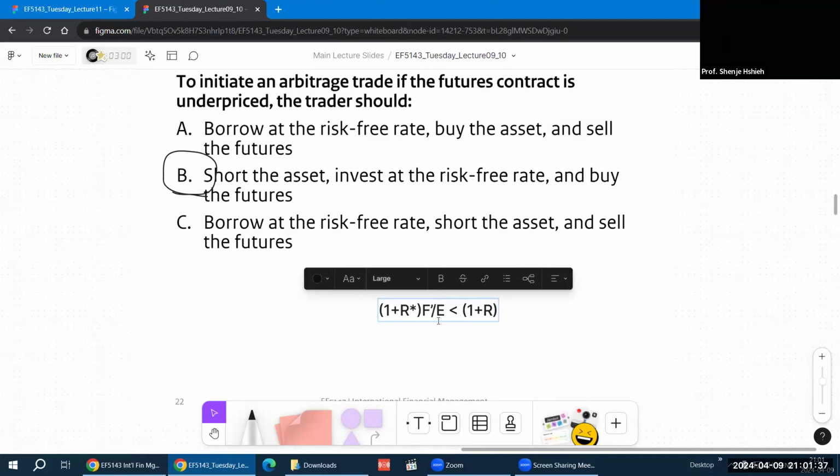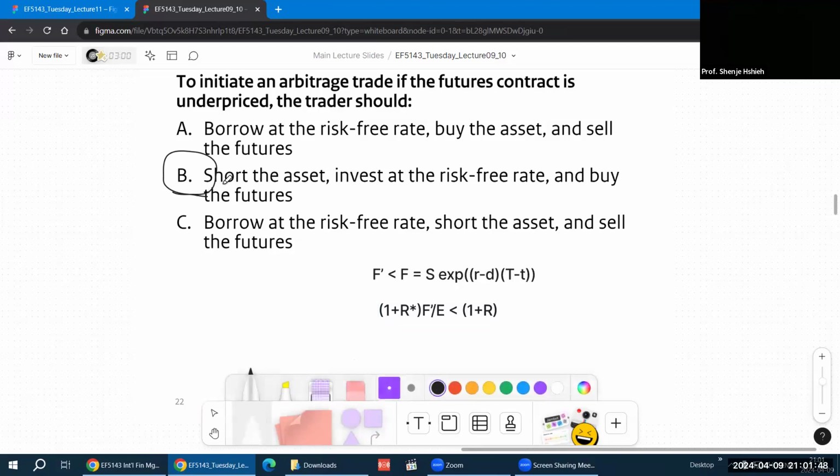That means I borrow R star, so I short the asset, and I invest in the risk-free rate, which is this thing. So B is the answer. Or you can use the cost of carry explanation from the previous slides.